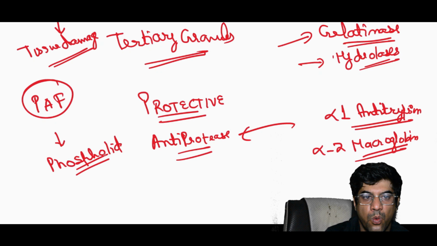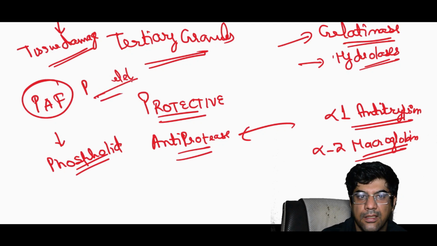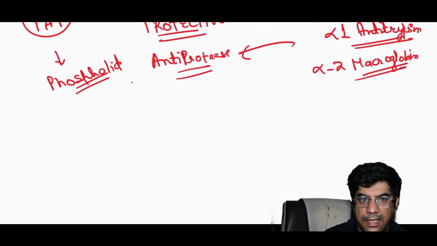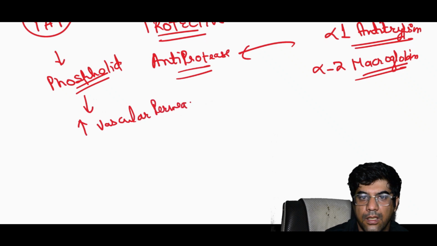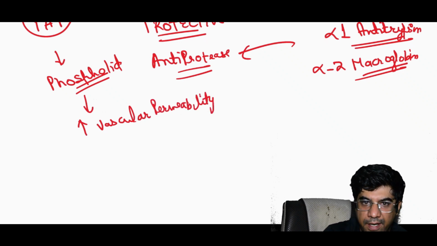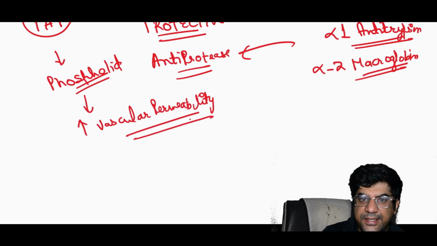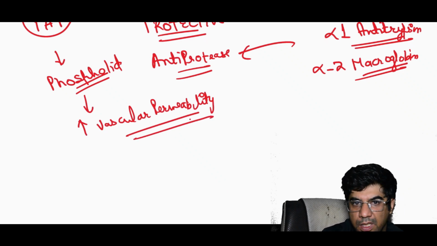What is the role of this platelet activating factor? So remember that the platelet activating factor causes increased vascular permeability, that enhances the ability of blood vessels to allow the passage of fluids and cells into the tissues.